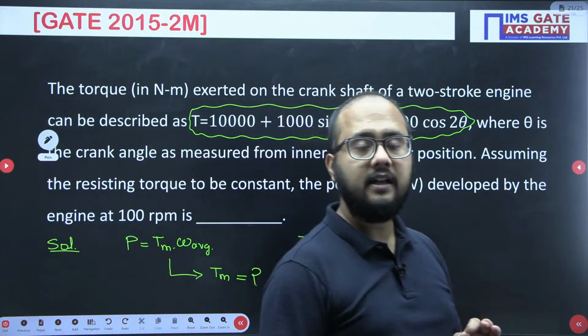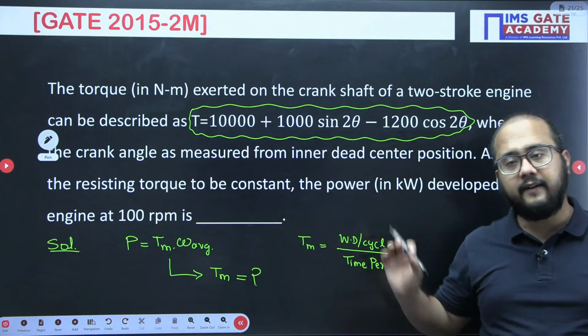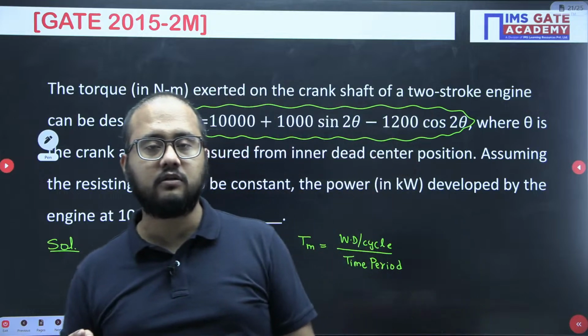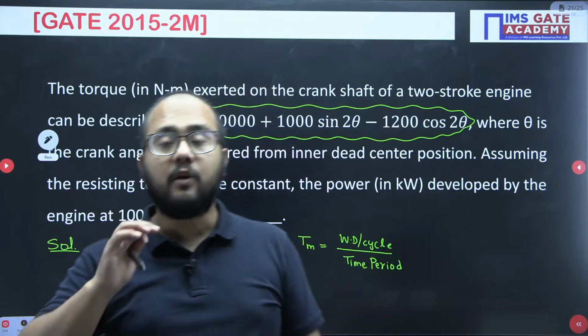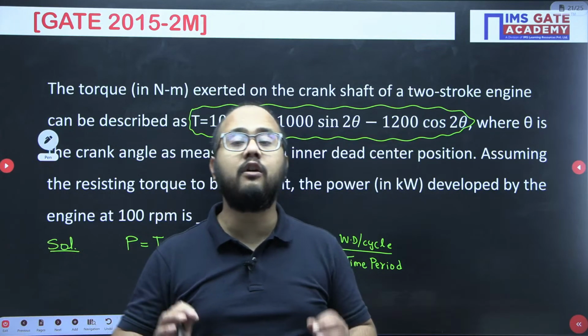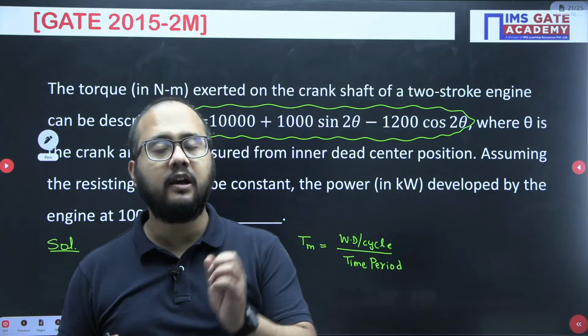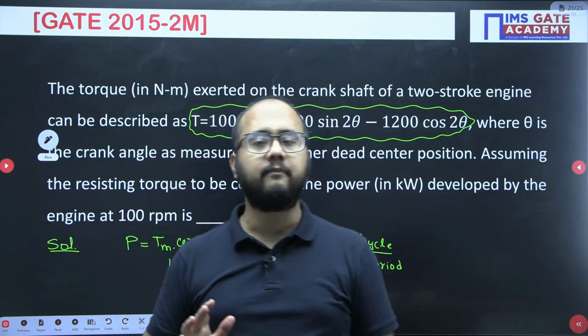Is that clear? I hope you have understood how to approach this particular question. I will give you this question as homework for the next session, tomorrow, the 17th. In tomorrow's session, I am going to discuss the detailed solution of it, and we will solve all the other PYQ GATE problems as well.